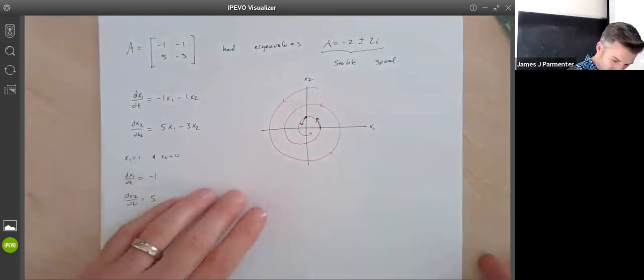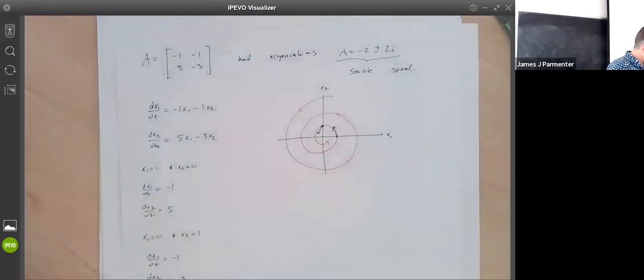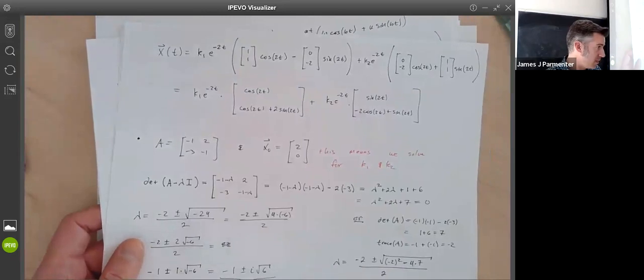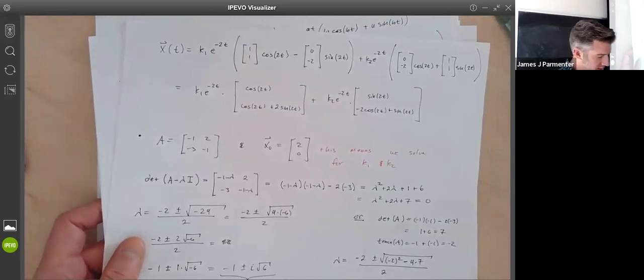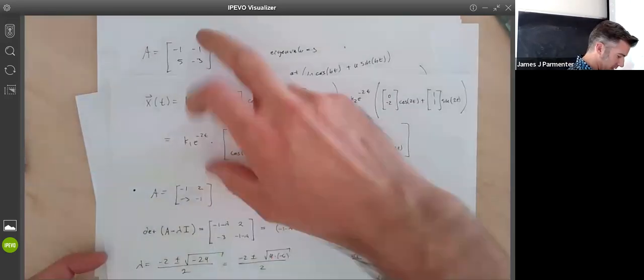I'm curious about our other example. I just want to see one thing here. Yeah, cool. So I'm pretty sure, although I'm not 100% sure, that this other matrix should be spiraling the other direction. The reason I'm pretty sure is because these matrices have off diagonal elements that are opposite signs.